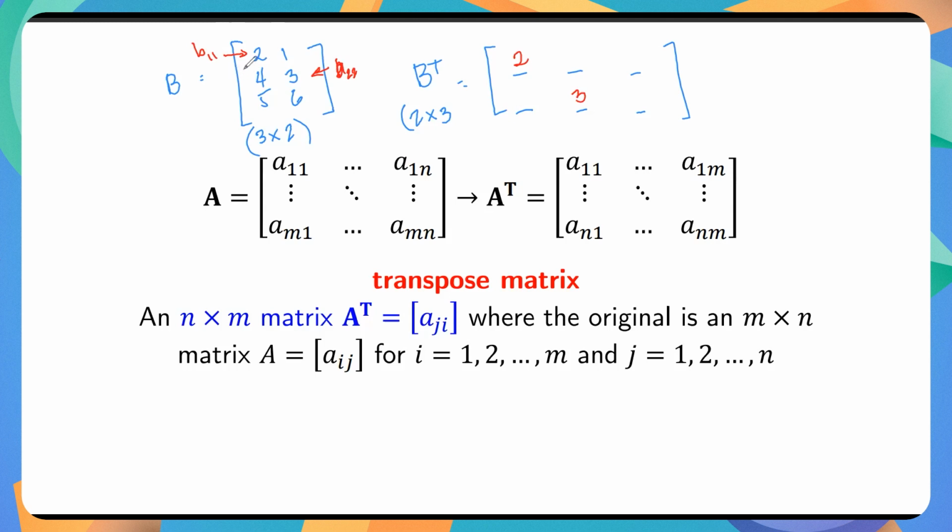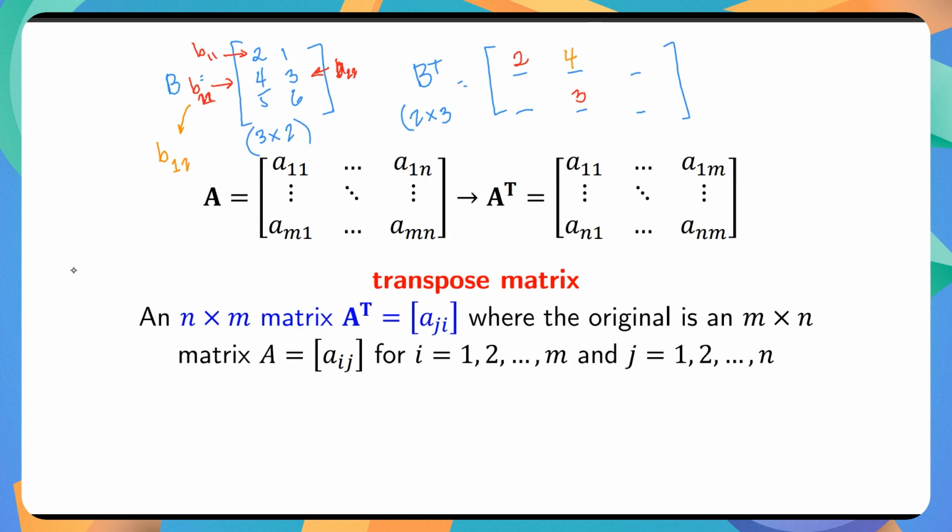Next, for the non-diagonal values, we have over here B21, row 2, column 1. So in a transpose matrix, this belongs to B sub 1, 2, wherein it belongs in row 1, column 2. So that would go over here.